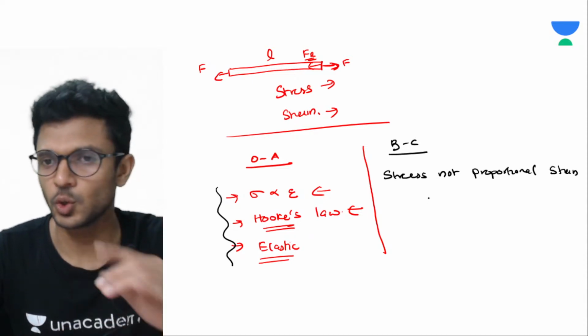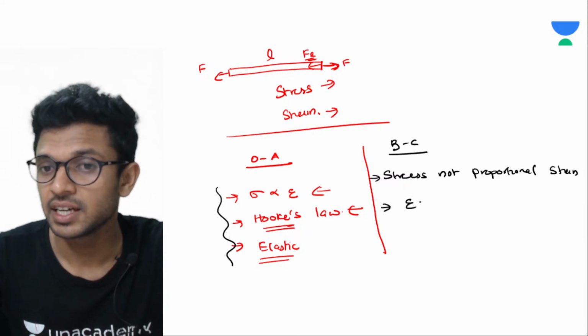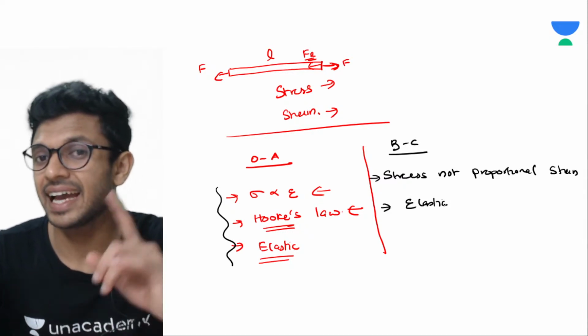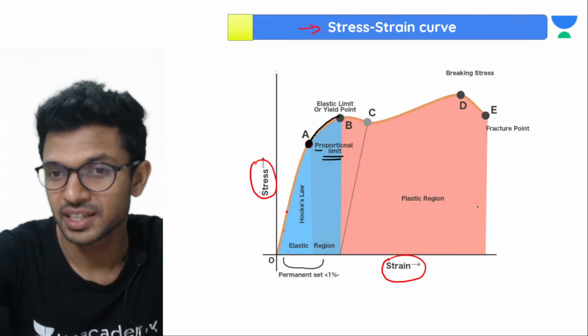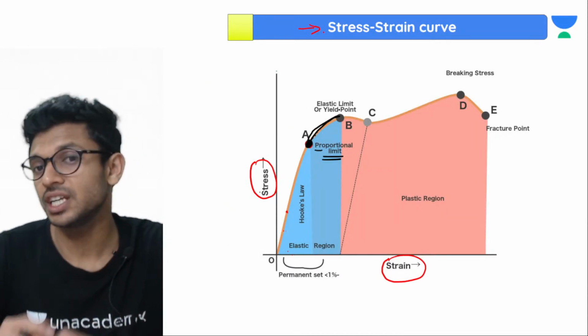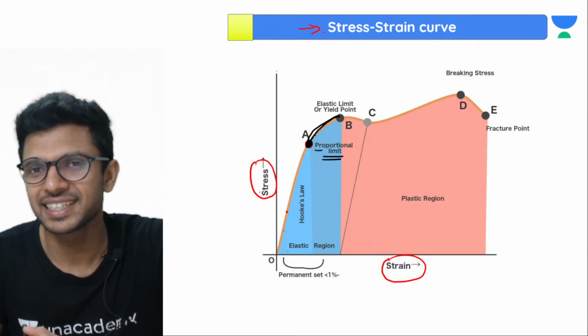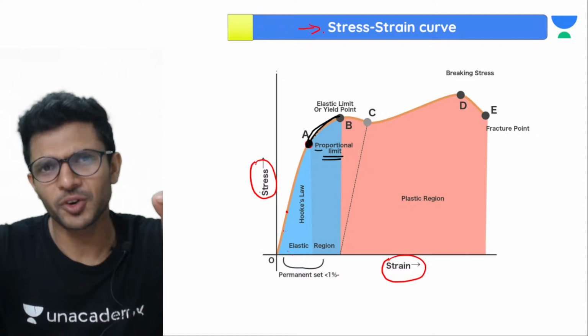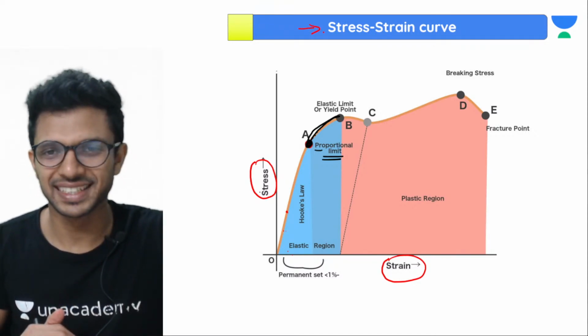But though it is not proportional, in that region still the body will be acting as an elastic body. What that means is, from this particular graph, even though the body enters into the region of A to B, the body will be acting elastic. That means if you remove the deforming force, the body will be coming back to its original position. Okay?